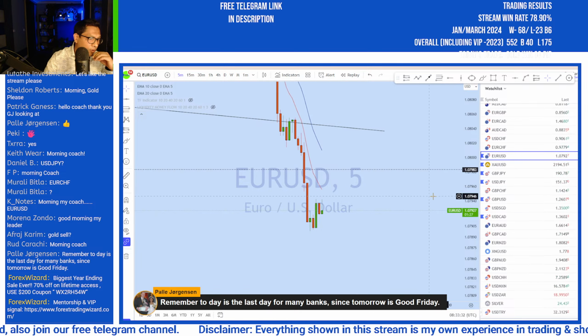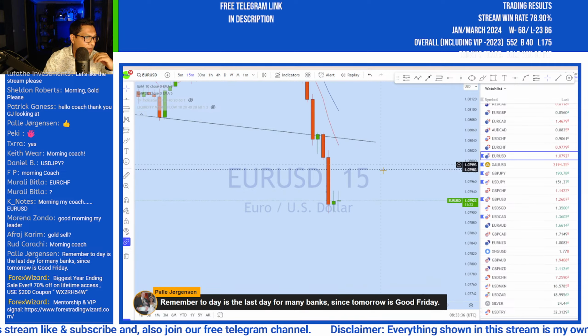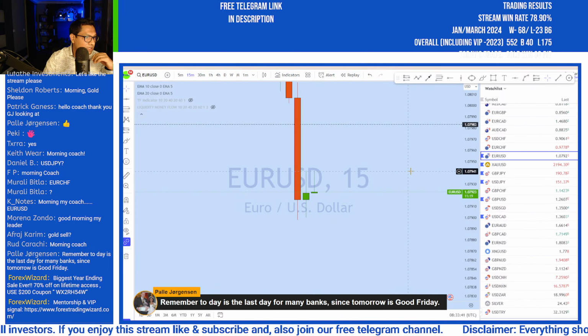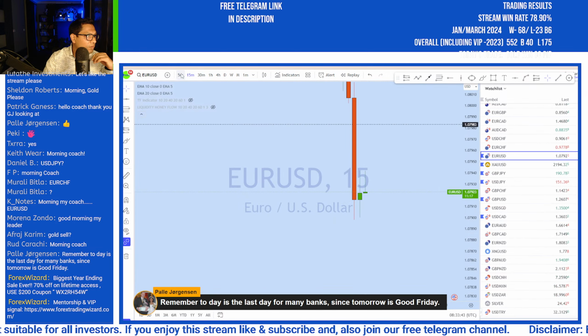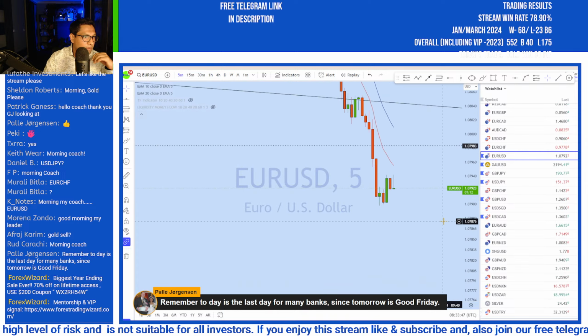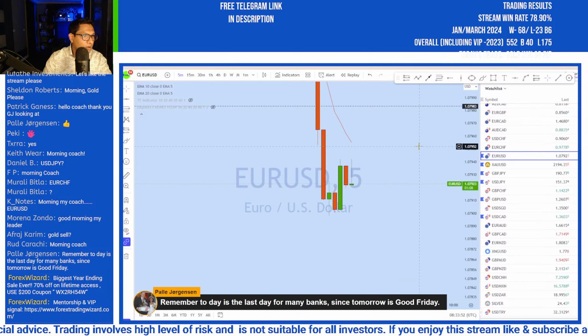So let's see now here what euro dollar is doing. I think that we might see, so you can see after breaking that high, the price is trying to reject from this level. So might be able to do some quick trade here. Let me see euro dollar. Let me see if there is any trade.